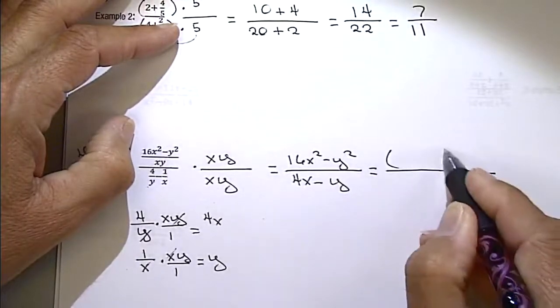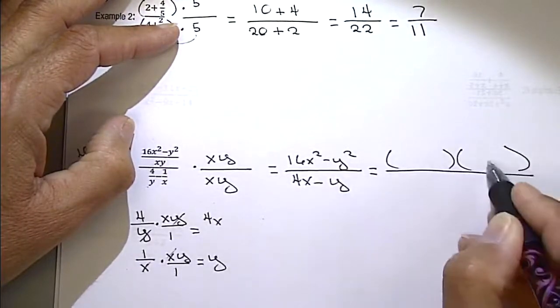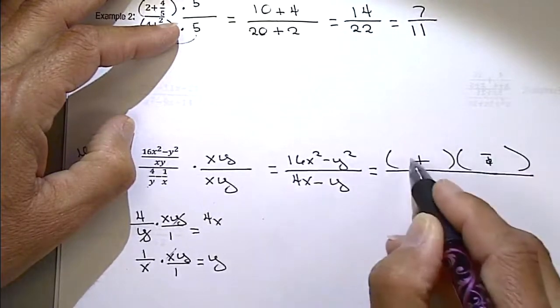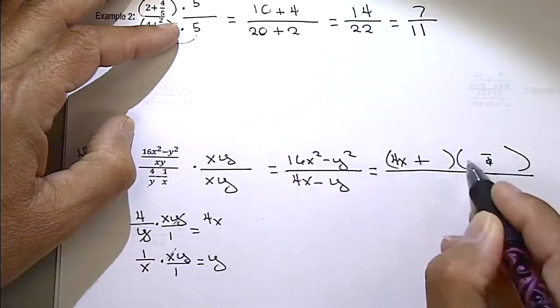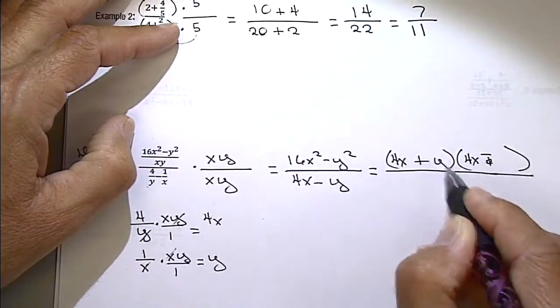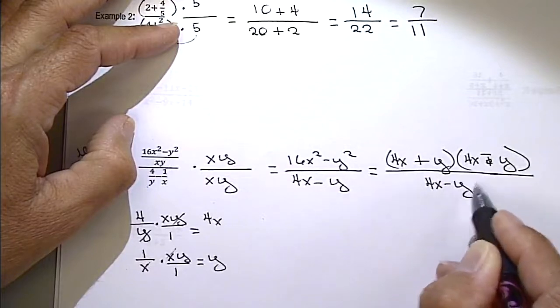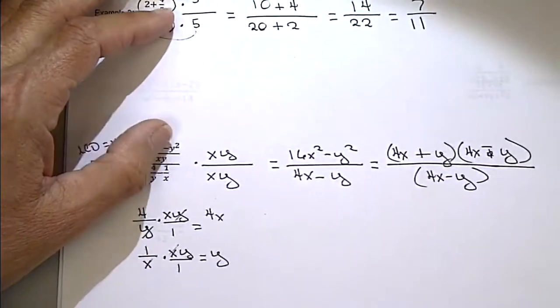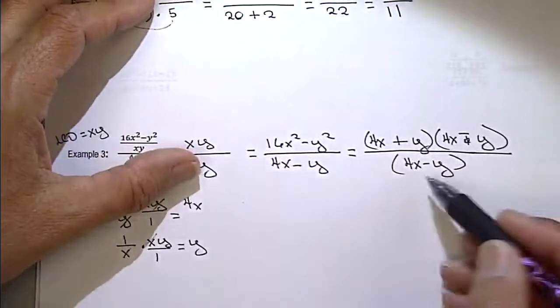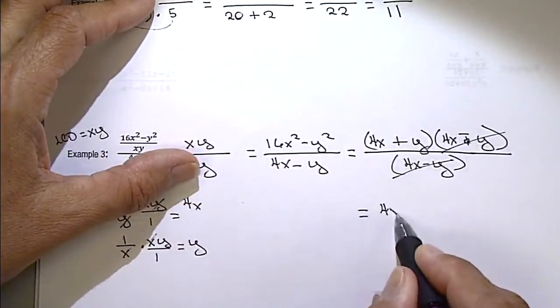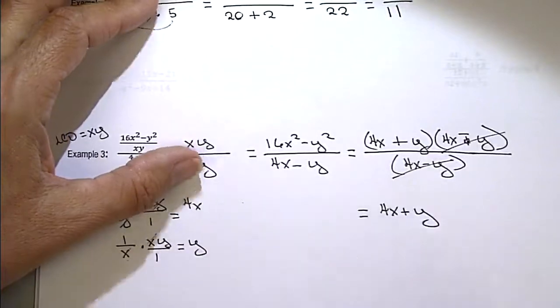So I'm going to go, one factor is plus and one's minus. I always do it the wrong way. Here, plus and minus. Square root of the first one, square root of the second one. Write down that denominator and see if now I have something in common. And I do. These match. So what do I have? 4x plus y.